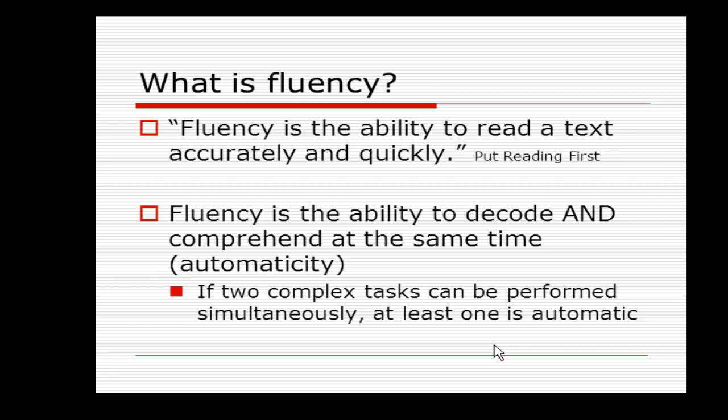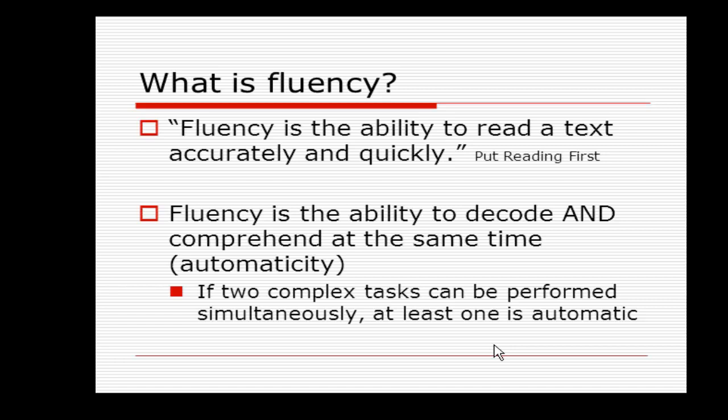That's called automaticity. If two complex tasks can be performed at the same time, at least one of them is automatic. And so fluency is that ability to automatically decode so that comprehension then can occur with intentional processing.